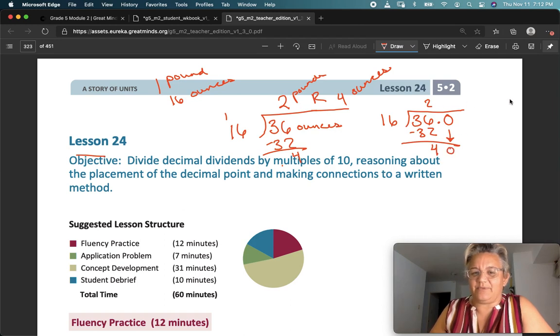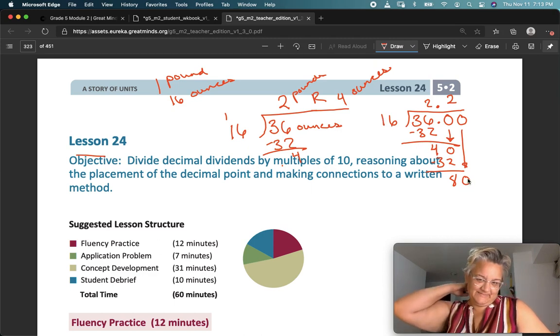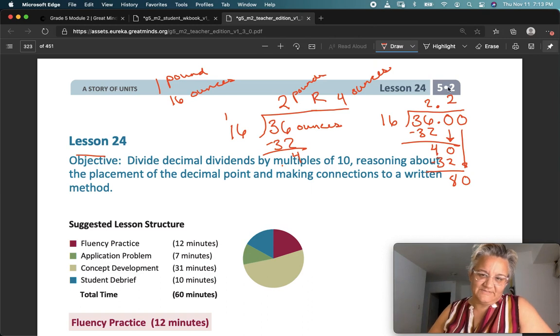And then I can keep going. So I put that decimal point there, and I put 2 here, and I get 32, and then I have 8, and then I bring down another 0 into the hundreds place, and 8 there, and 16 goes into 80. How many times? 1, 2, 3, 4, 5 times? 5 times, I think.